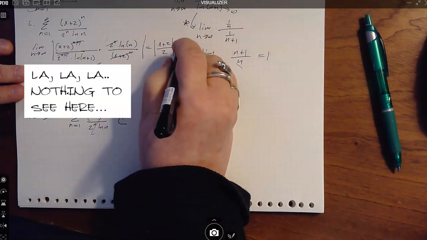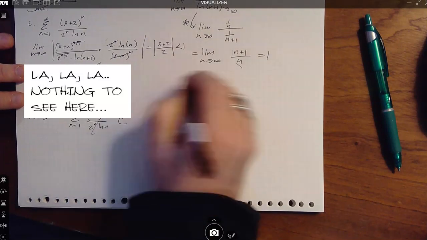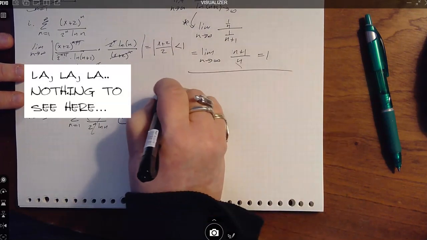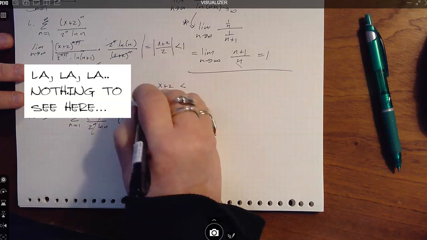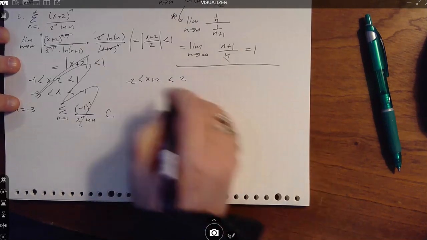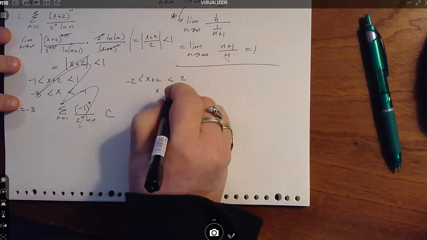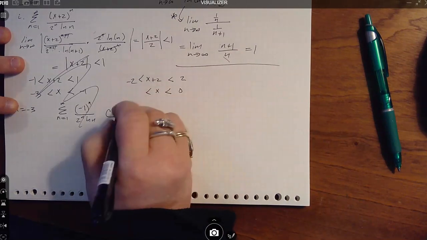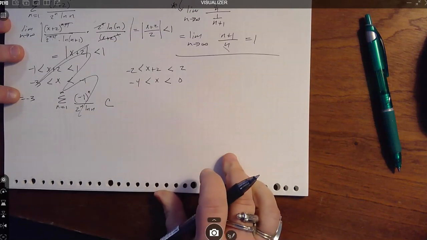So this has to be less than 1, which means I have x plus 2 is between -2 and 2. Simplifying for x, I subtract 2 from across the board, and I get that.